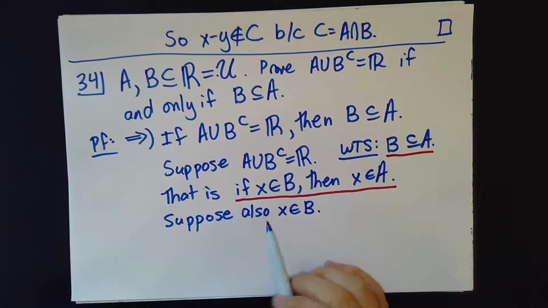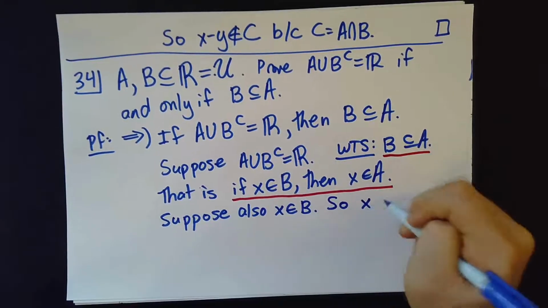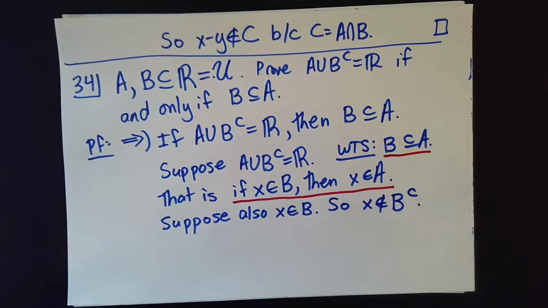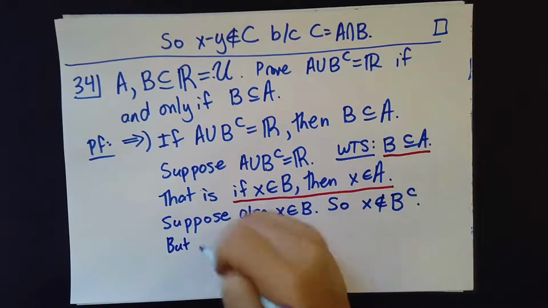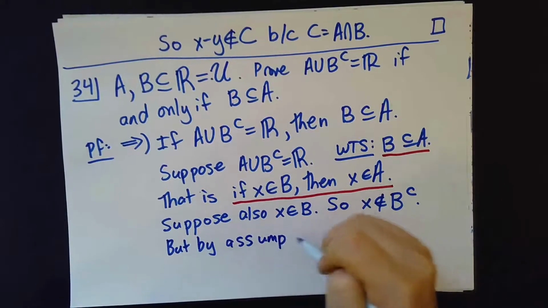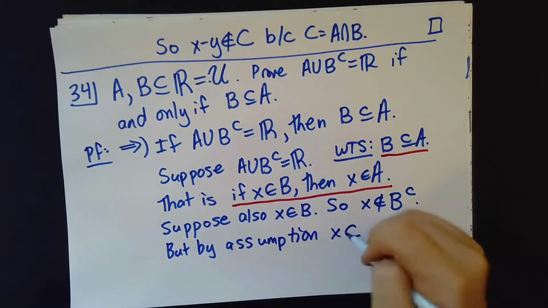Okay. So because X is in B, it's not in B complement. But by assumption, X is in A union B complement.